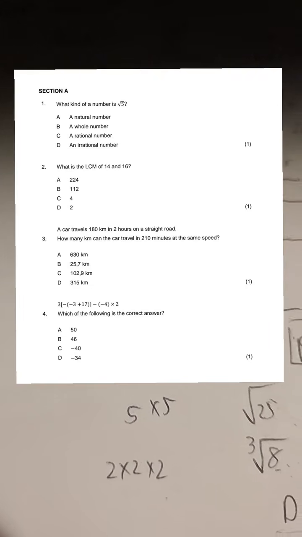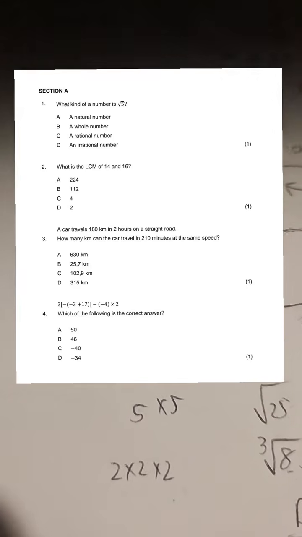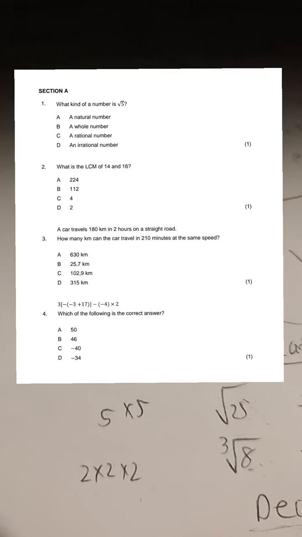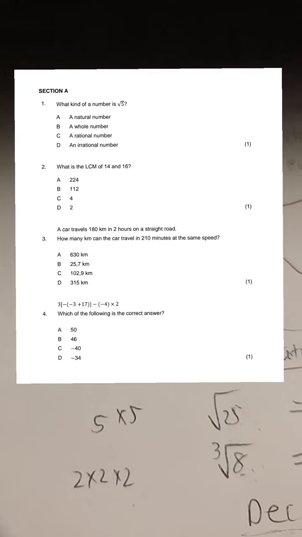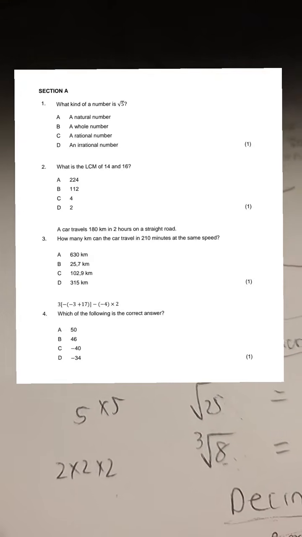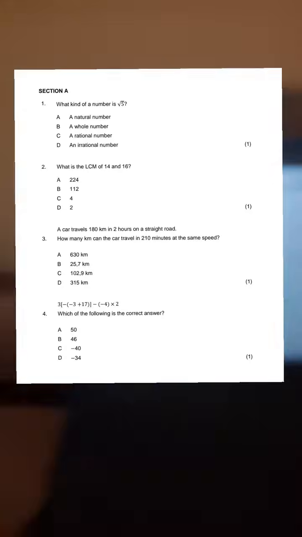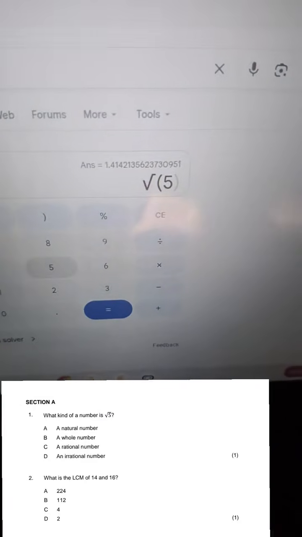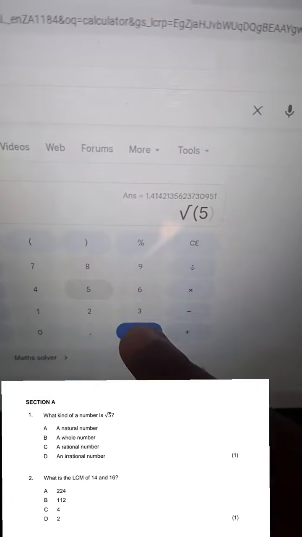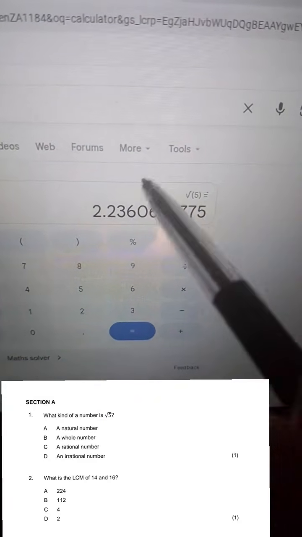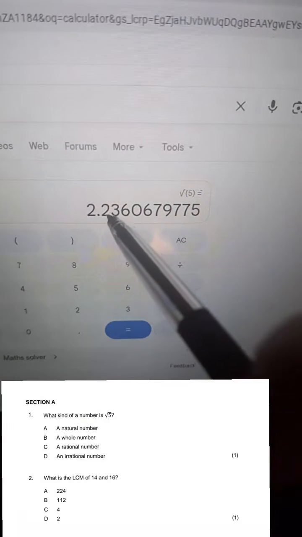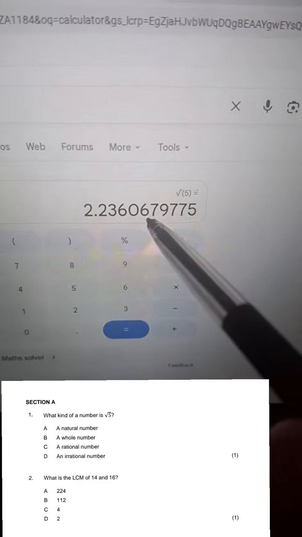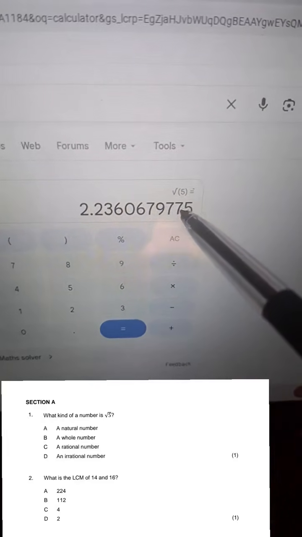So therefore, if we take that square root of 5 and punch it in the calculator, this is what I like doing personally. When all else fails, I like punching the particular thing into the calculator. So let's punch in square root of 5. Look at that. What do we see? 2.23606797775.